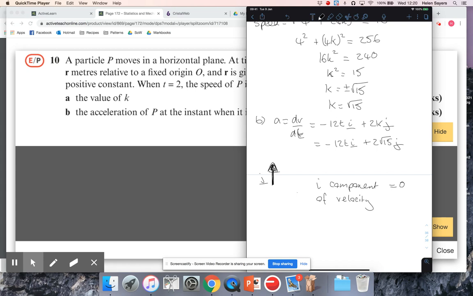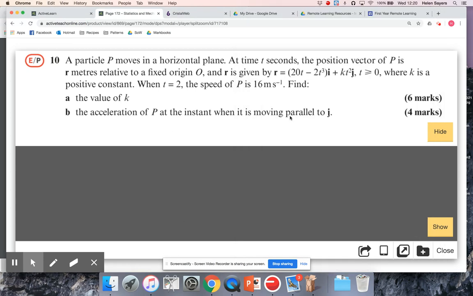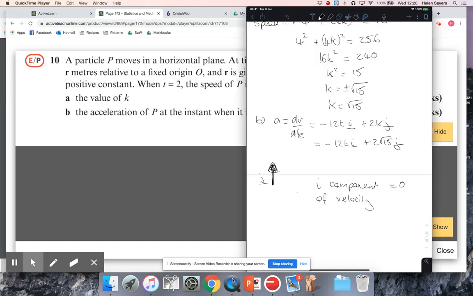Whenever they ask you about the direction it's moving, when it's moving parallel to something, you're looking at the actual way it's moving, so you're looking at the velocity. If it was asking about when its position was at a certain point, then I'd be looking at the displacement vector or the position vector. So I'm looking for the i component of the velocity to equal 0.